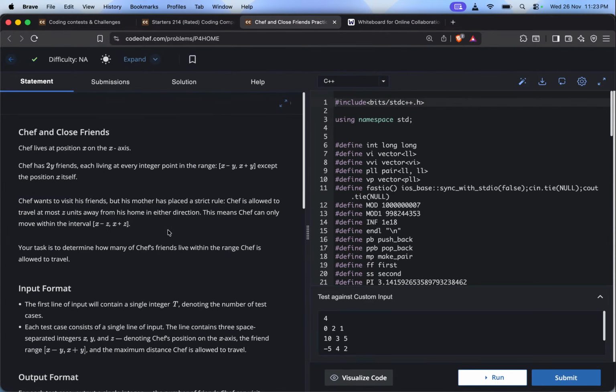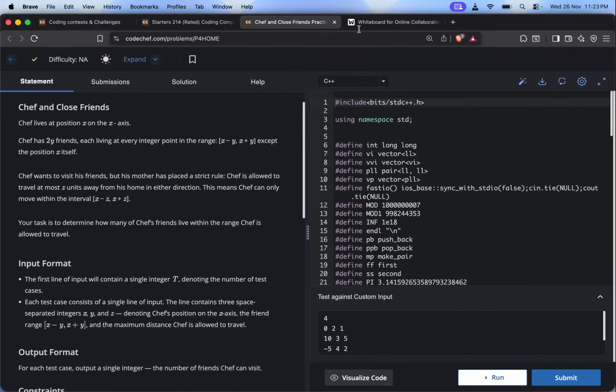Chef wants to visit his friends, but his mother has placed a strict rule. Chef is allowed to travel at most Z units away from his house in either direction. This means Chef can only move within the interval X minus Z to X plus Z. You need to determine how many of Chef's friends live within the range Chef is allowed to travel.